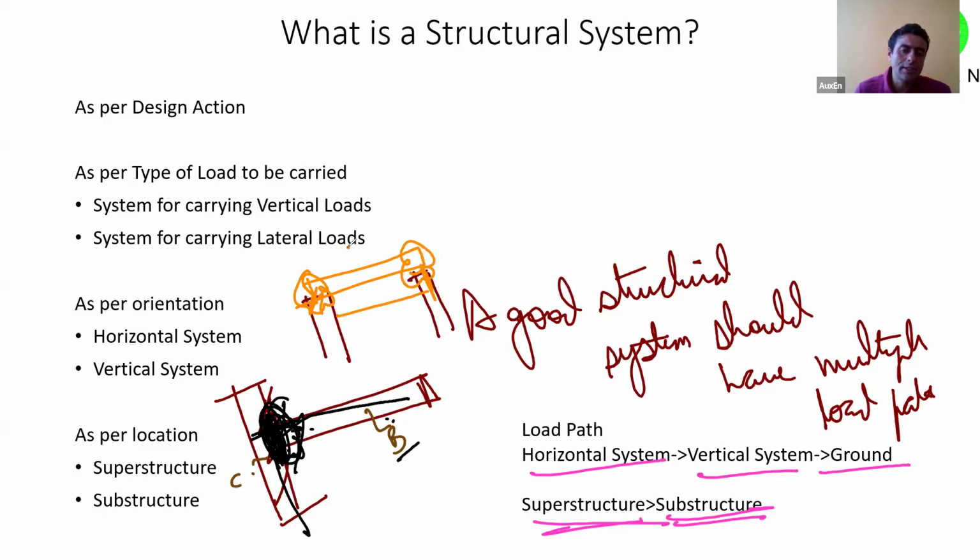Understood? So I could say that there are two load paths that exist. Actually, it's one load path only, but I could say that there are two load paths that exist. Understood? And it was integrally connected. Here I am talking about a portal system, let's say, where beams and columns are integrally connected. So this system had multiple load paths available. Are you with me?